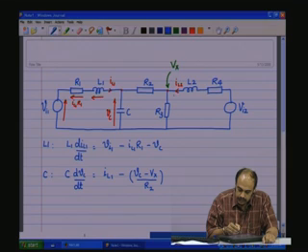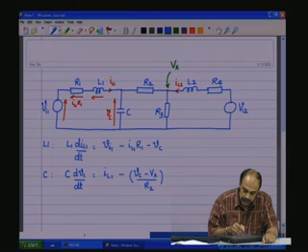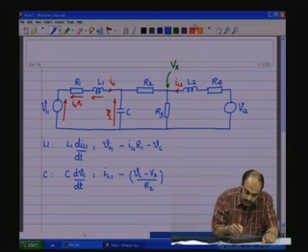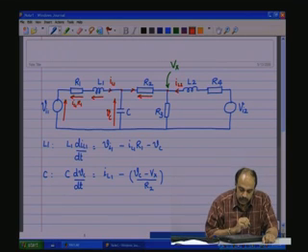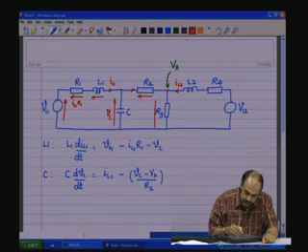Now, the potential Vx here is nothing but Vc minus the potential across R2, or in other words, if we assume that there is a current flowing in this direction, then we have a potential here which is in this direction as shown, and this is the potential Vx.